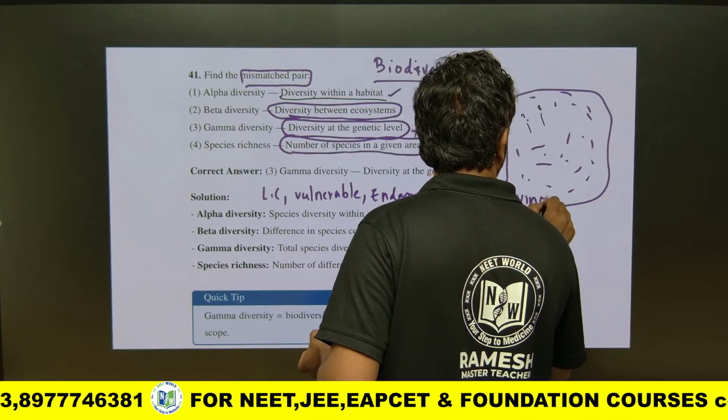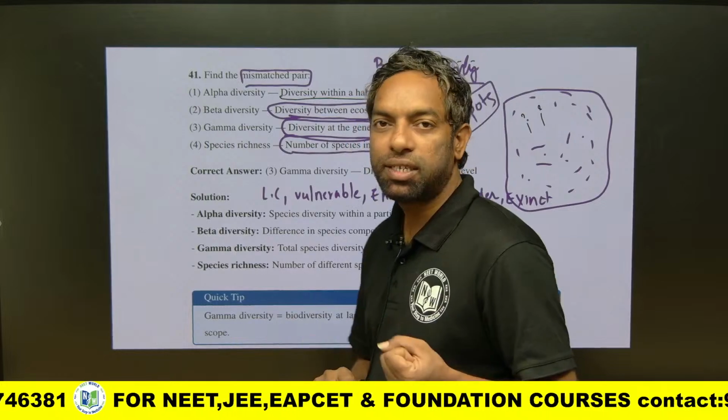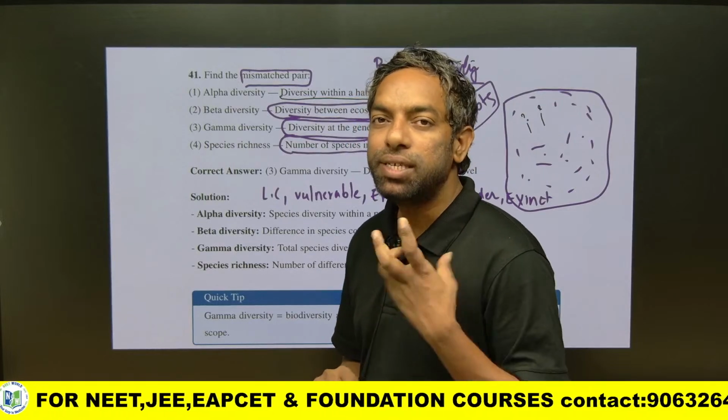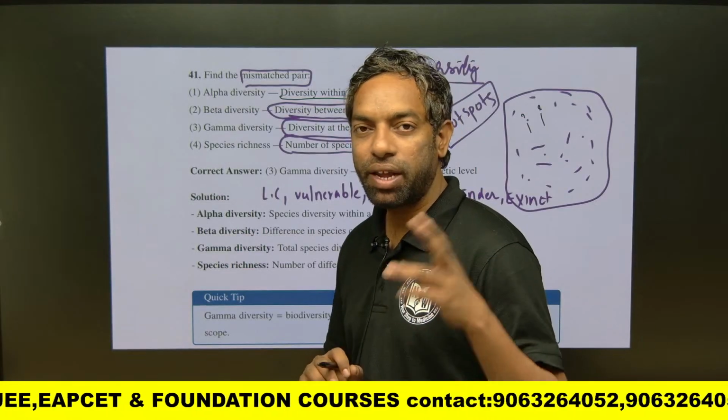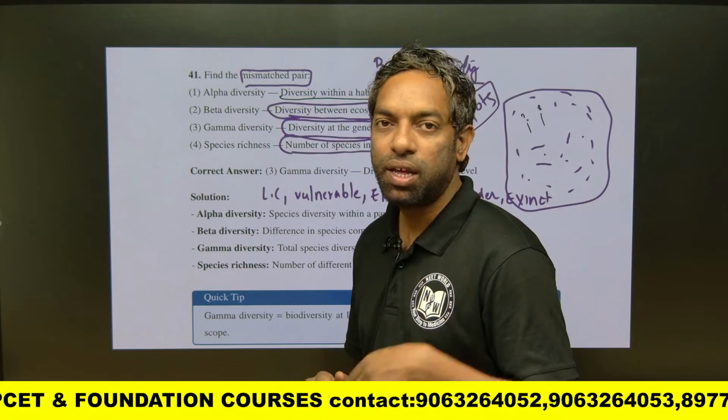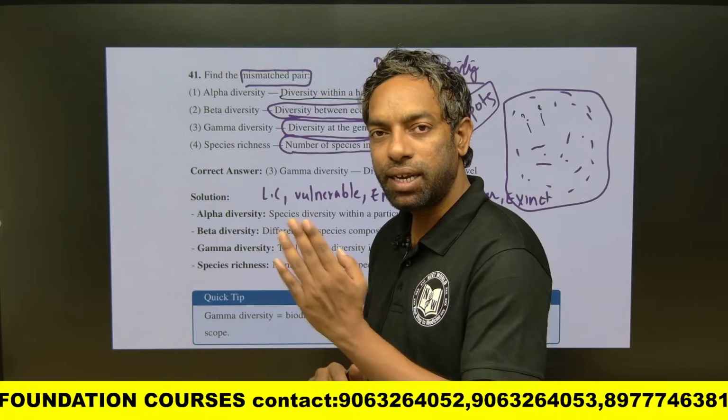These kinds of animals are there in the species richness, that is biodiversity hotspots. In India there are two hotspots only, Western Ghats and Eastern Himalayas.